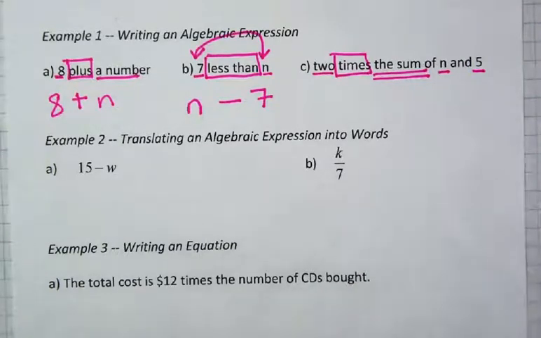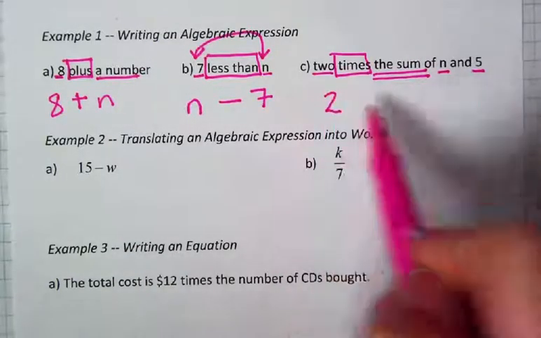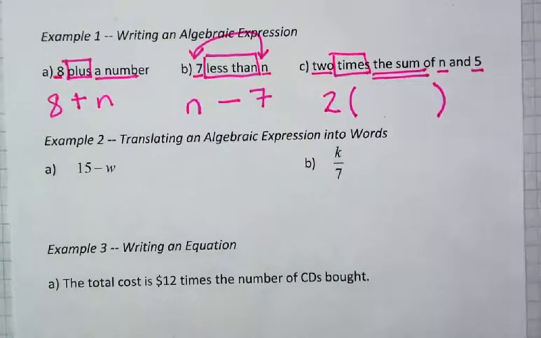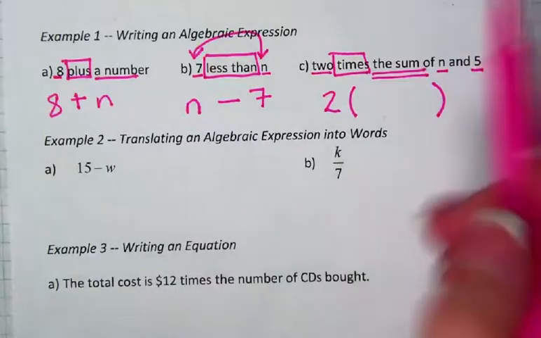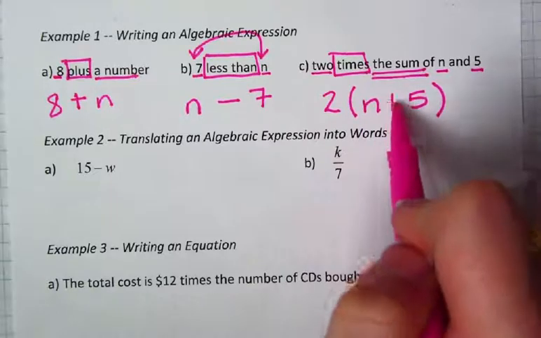I don't see that exact phrase under the parentheses words, but I see things that look really similar to it. So I'm going to do 2 times the sum. That means that the sum has to be in parentheses, and sum, if I look back in Words Into Math, that's addition. So I'm summing n and 5, so n plus 5.